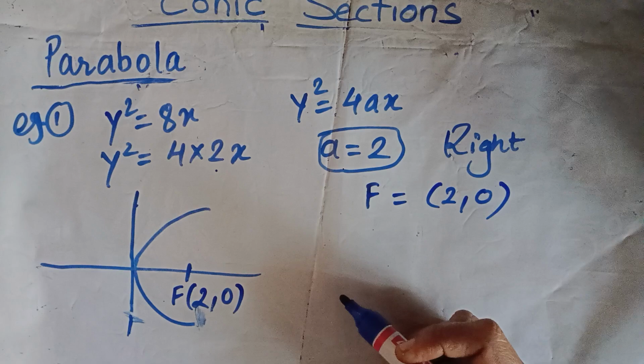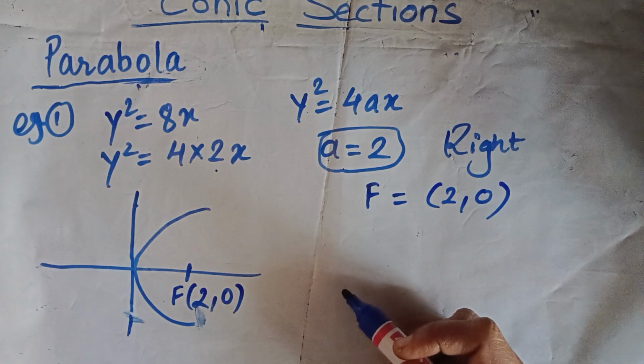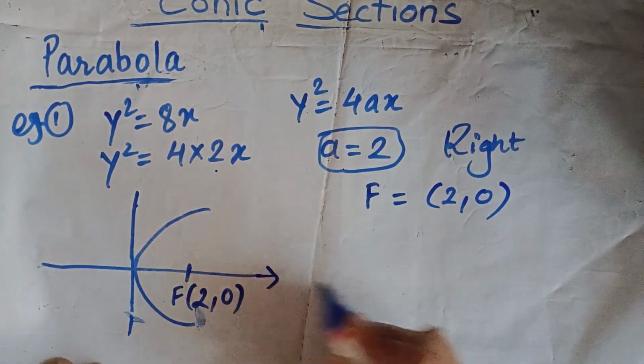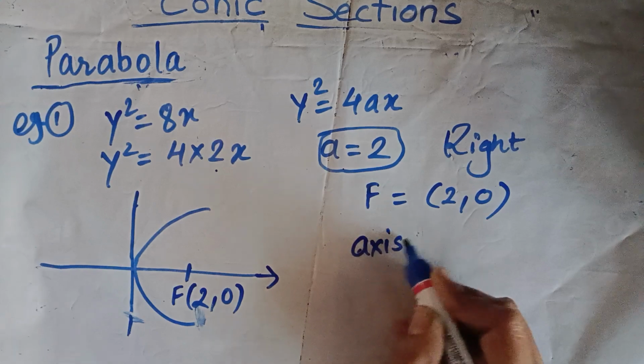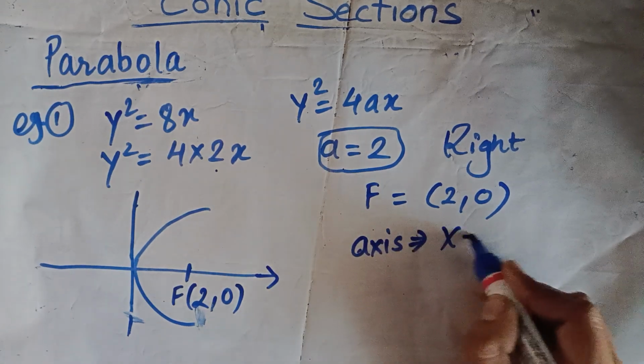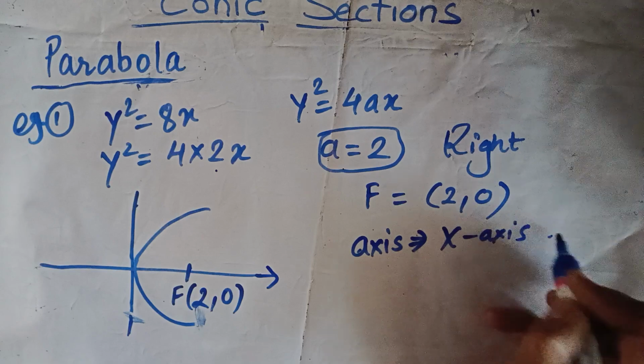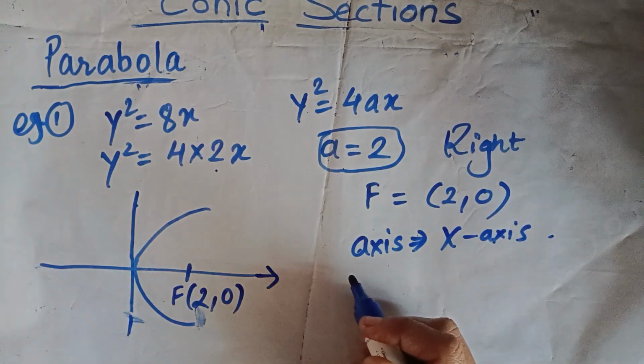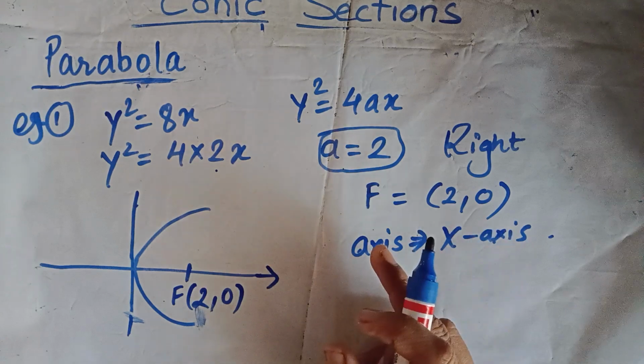What else do we have to find? Axis. Axis is the x-axis. So the parabola opens to the right.